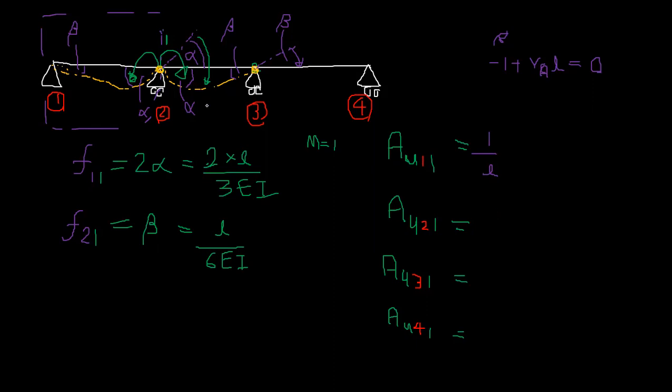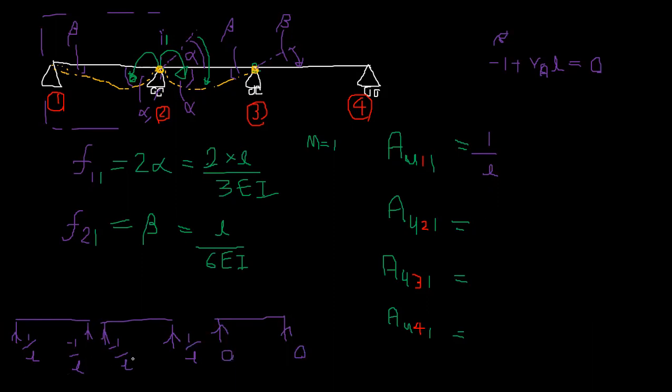So this is minus 1 over L, and it will have another minus 1 over L from this part as well. So here 1 over L, minus 1 over L. From the other half also it will have minus 1 over L, and here as well 1 over L. And the next parts are 0 and 0, right?